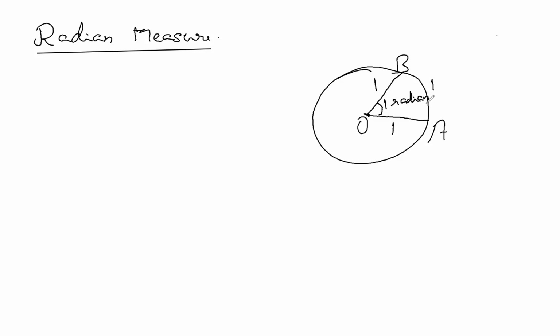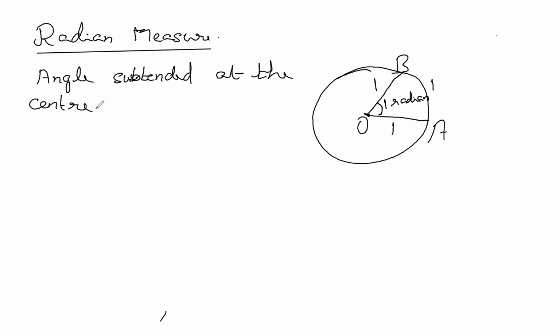It is the angle subtended at the center of a unit circle by an arc of length 1 unit.